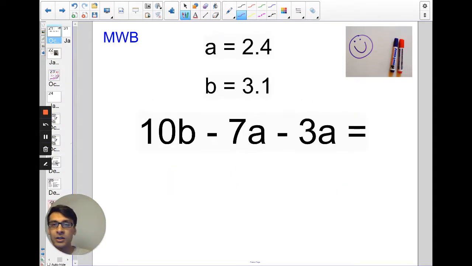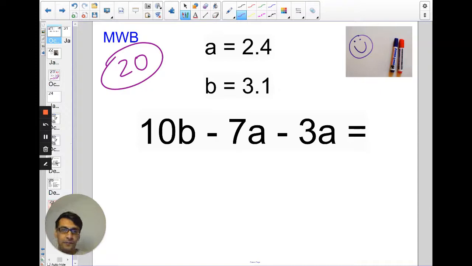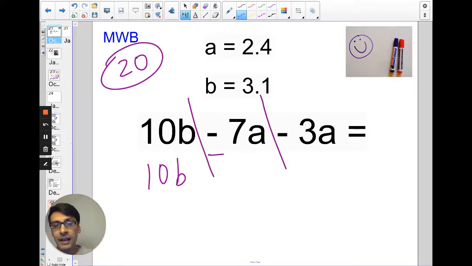Okay, question 20. Have a go. Okay, pause the video. Alright, so hopefully you've tried the question now. This is going to be 10b. Now, if you draw a line before the signs like I showed you before in the previous topic, negative 7a minus 3a is going to give you negative 10a.